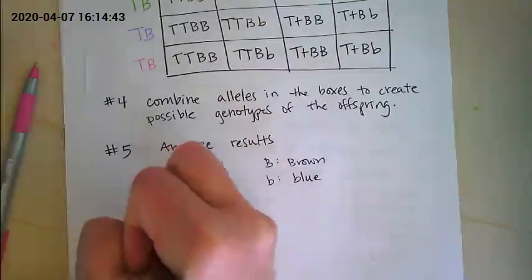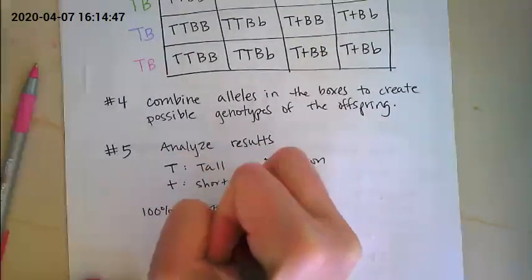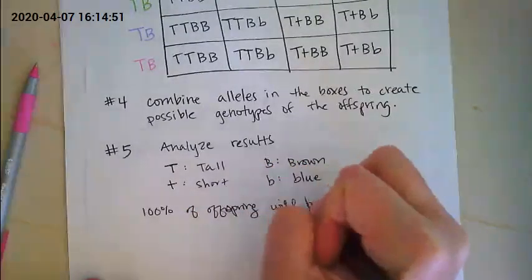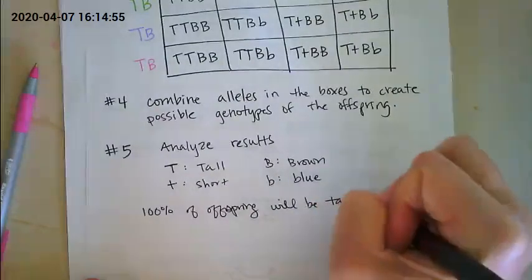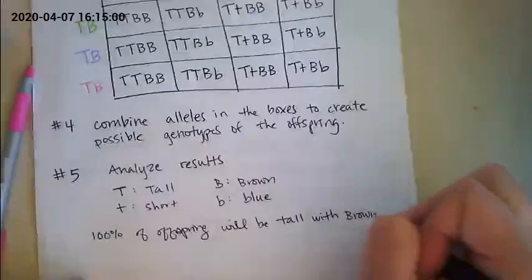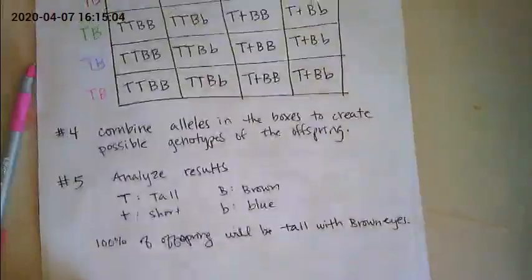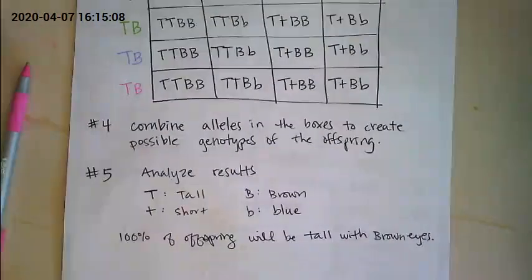So that means 100% of offspring will be tall with brown eyes. So not that interesting of results, but you know, hey, it is what it is. And that is how you do a dihybrid.